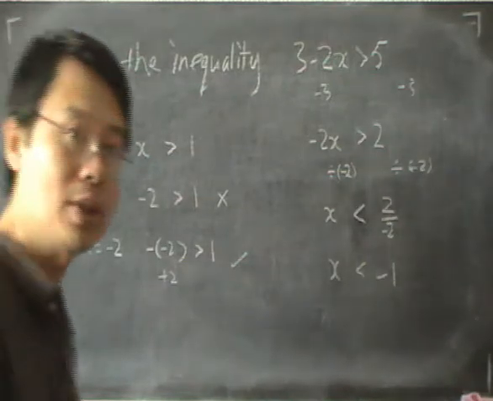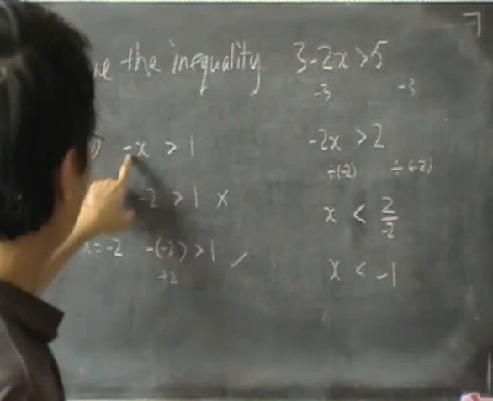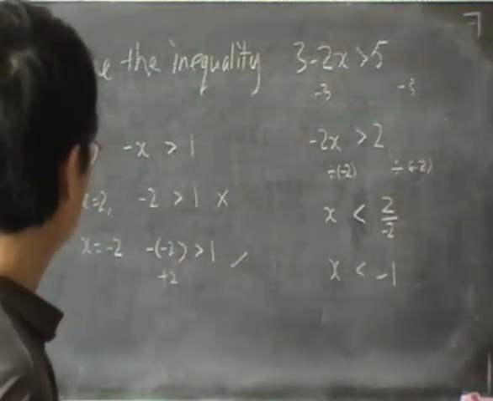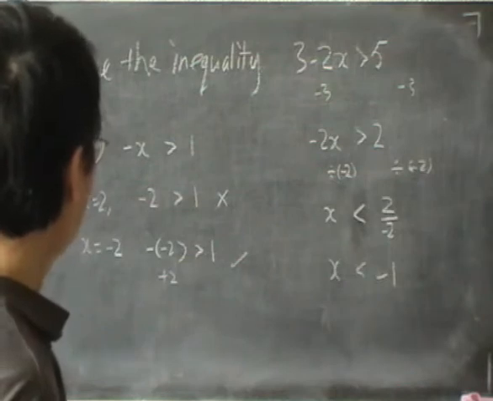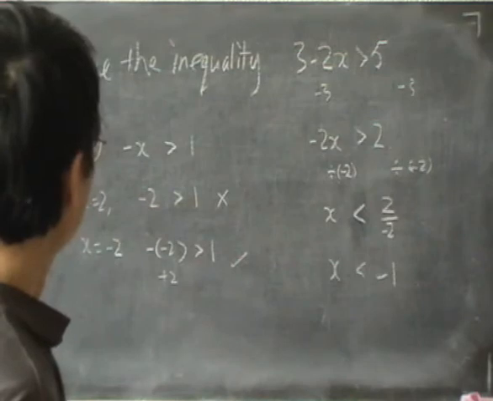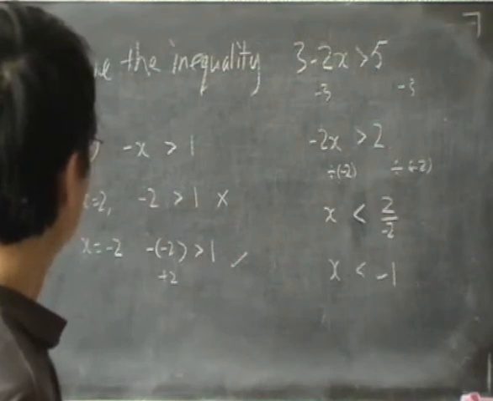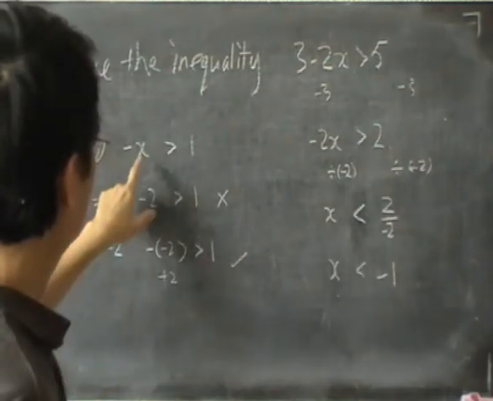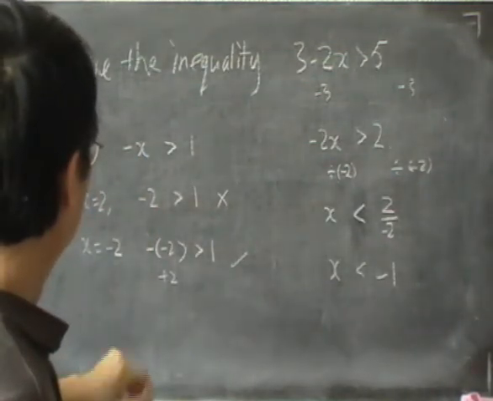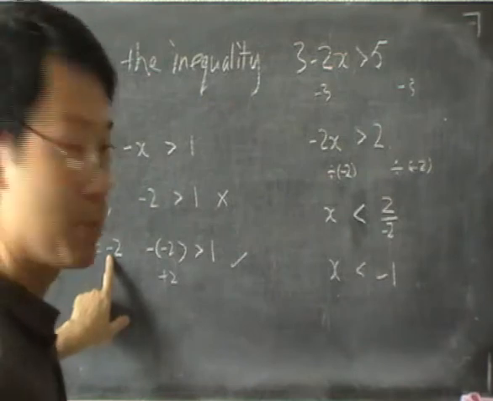Alright, so what this means is that if I have a minus x is more than 1, x itself should really be a negative number.